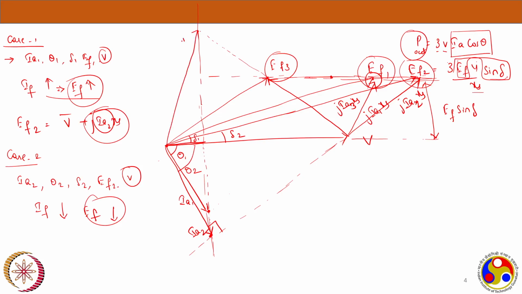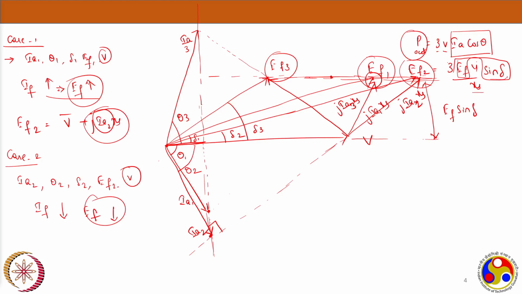This is IA3, this is EF3, this is jIA3 X3, and this is delta, now delta 3. And theta 3 is this one. Right? No confusion in this. This is very straightforward. You just have to make sure where my EF sine delta and IA cos theta should lie, the locus, once you get it.